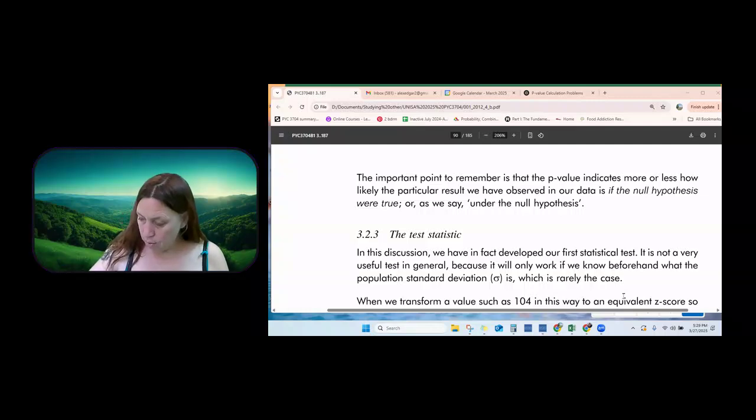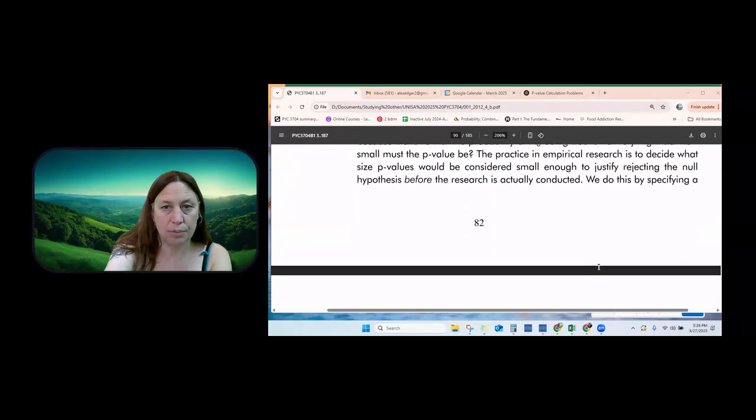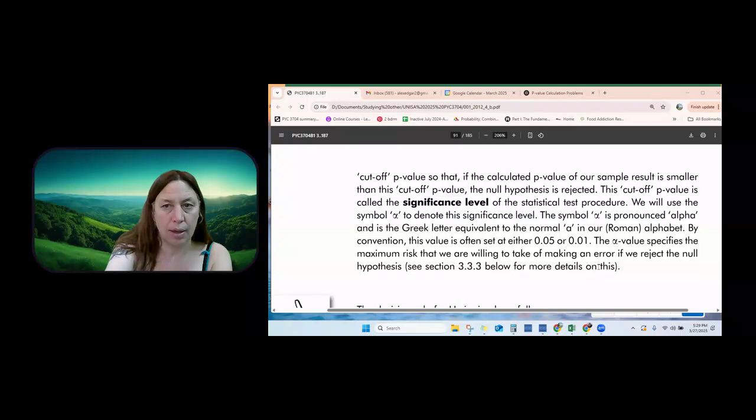Now, the p-value constant that we measure our results against, this is called the alpha. And it's depicted by the Greek letter alpha. Okay. The alpha value is the significance level. It's the cutoff p-value. Okay.